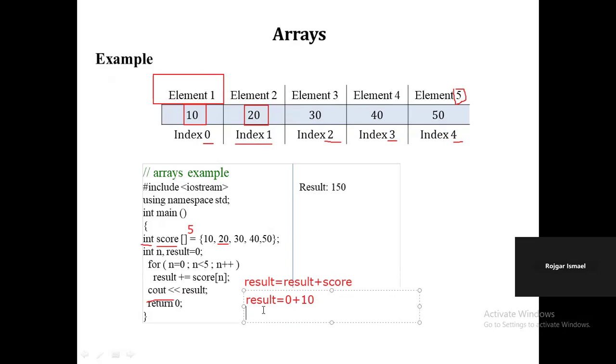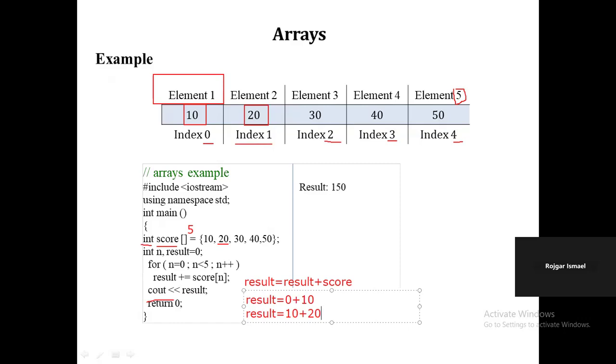The second iteration, the result at the previous stage is 10. In the second iteration, the 10 from the first iteration plus the second item in the array, the second element, which is 20. 10 plus 20 equal to 30.